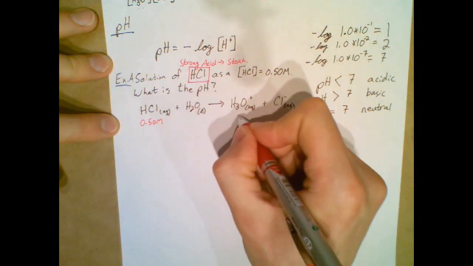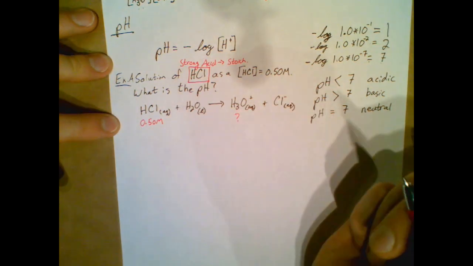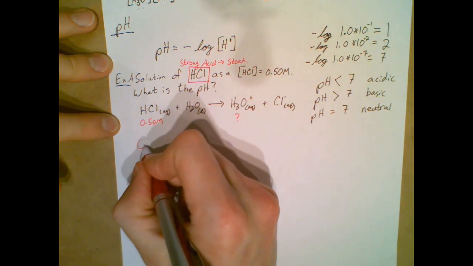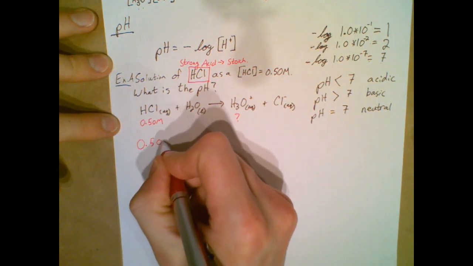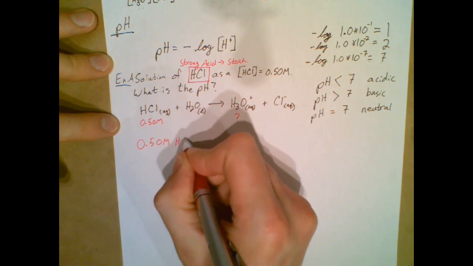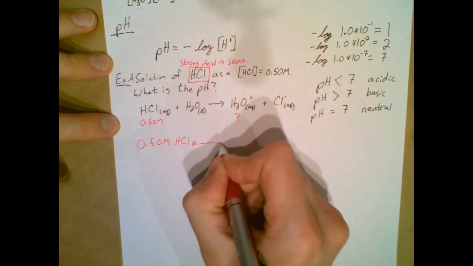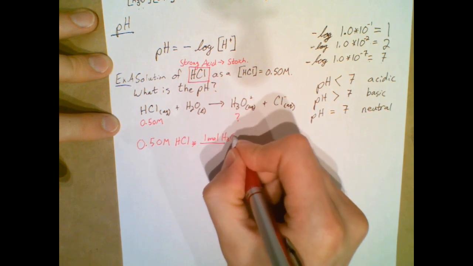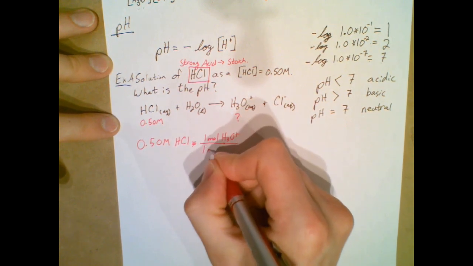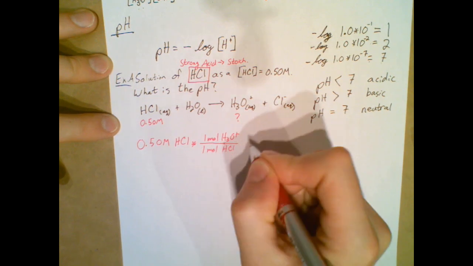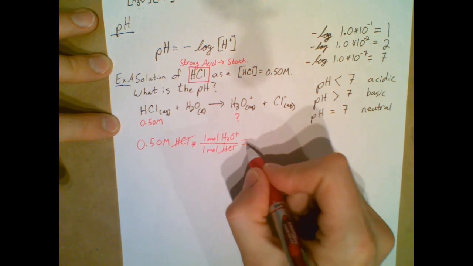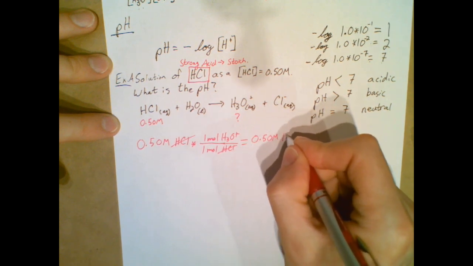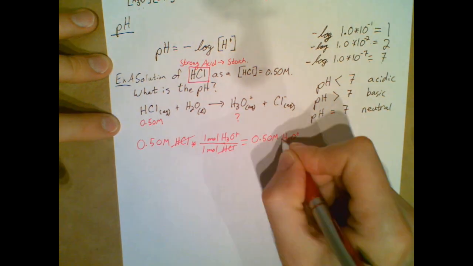So what's the concentration of H3O+? Well, we need to use a little bit of stoichiometry. Hopefully you've already figured this out and don't need me to write it out. But we're going to set up our molar ratio. There is 1 mole of H3O+ for every 1 mole of HCl. HCl cancels, and you're left with 0.50 molarity as our concentration for H3O+.